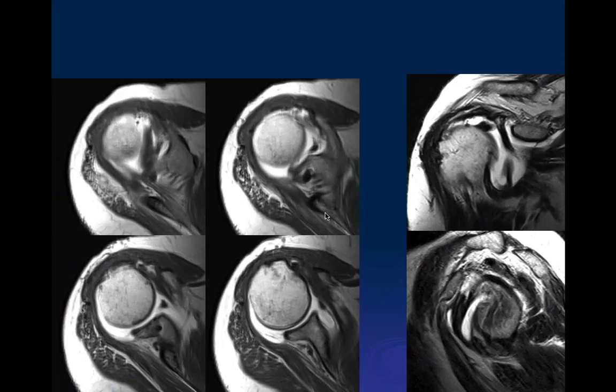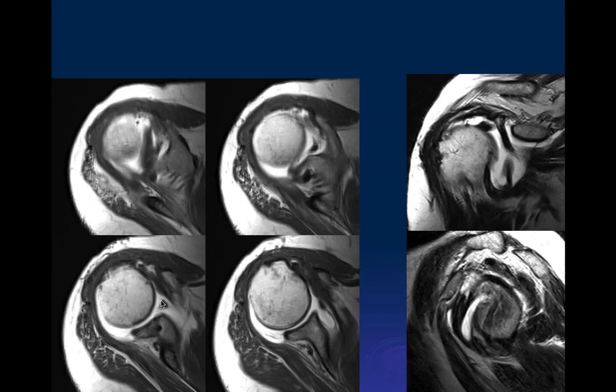And these sometimes can be very prominent. Here are a couple of images in the same patient. This shows the biceps tendon coming across the superior glenohumeral ligament here. If we go down a cut, we can see this is the origin from the glenoid of the middle glenohumeral ligament there.